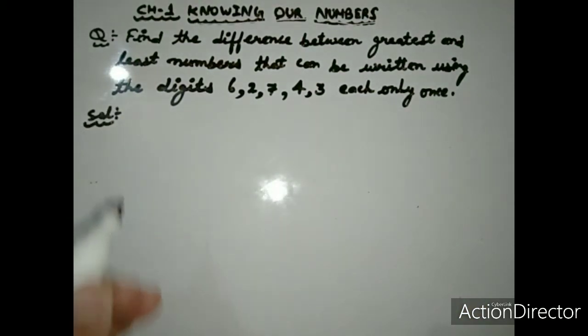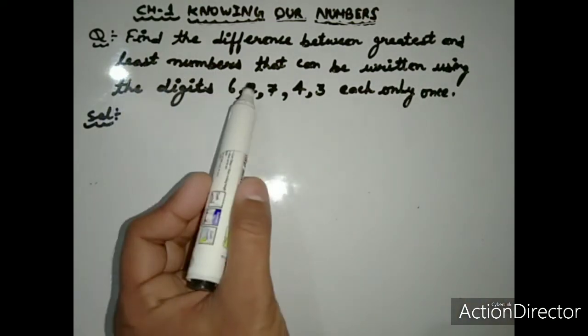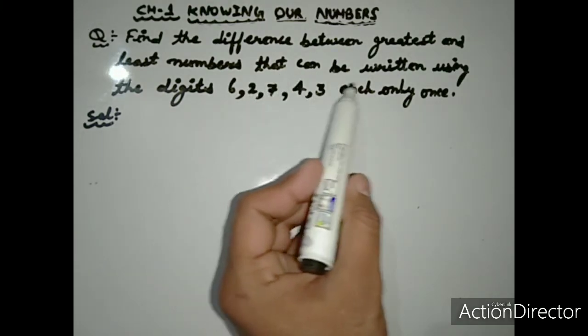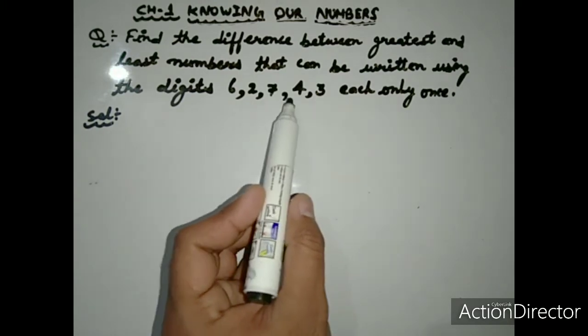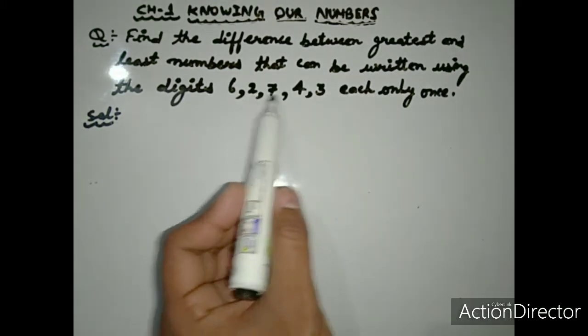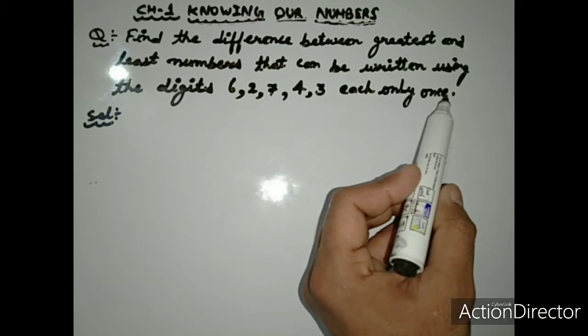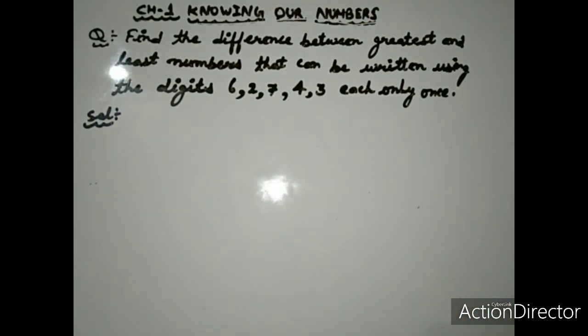So now here the question is, find the difference between greatest and least, meaning smallest, numbers that can be written using the digits 6, 2, 7, 4, 3, and each digit repeated only once. In order to generate the greatest number, we arrange the digits in descending order.